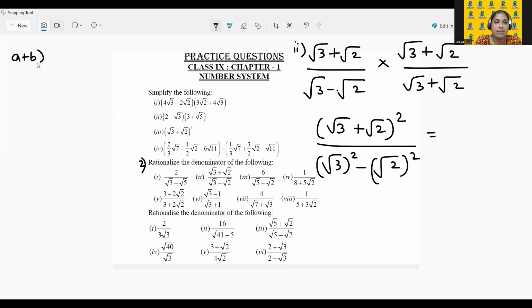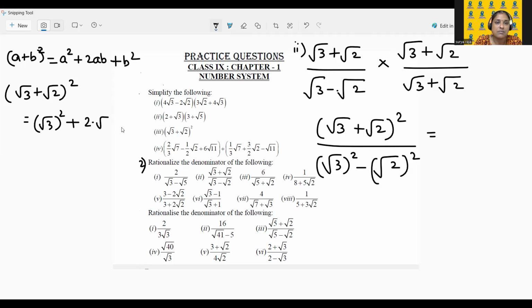Now the first one you can relate with this. a plus b the whole square is nothing but a square plus 2ab plus b square. Now we have square root of 3 plus square root of 2 the whole square, which is square root of 3 squared plus 2 times a times b plus square root of 2 the whole square. We can simplify further: 3 plus 2 root 6 plus 2.